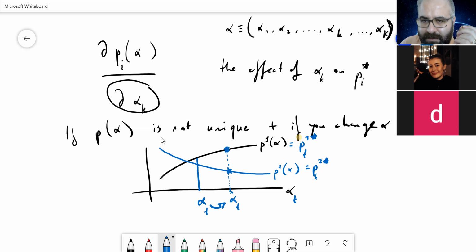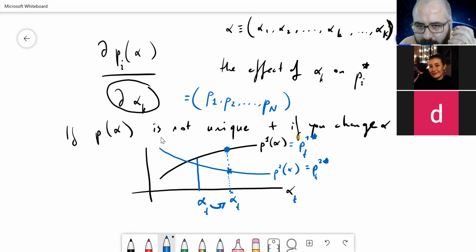There's one multiplicity in terms of prices: there is more than one price in the economy. But when you find the equilibrium, there is just one price vector, P star.